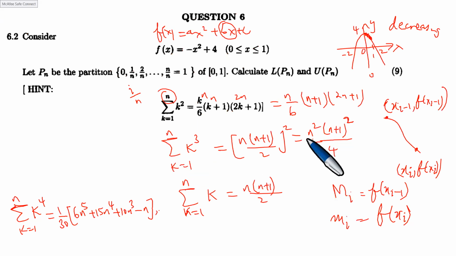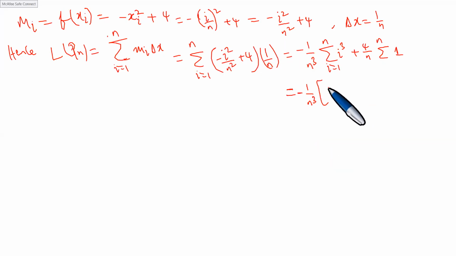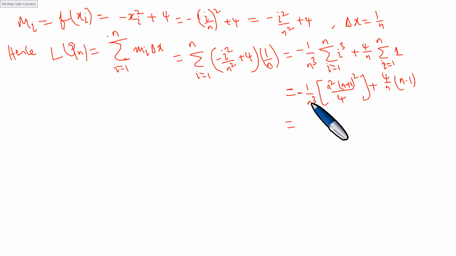The sum of squares is n(n+1)(2n+1) over 6, and you're adding the constant 1, so it's n times 1. The n squared cancels, giving us minus (n+1)(2n+1) over 6n plus 4.